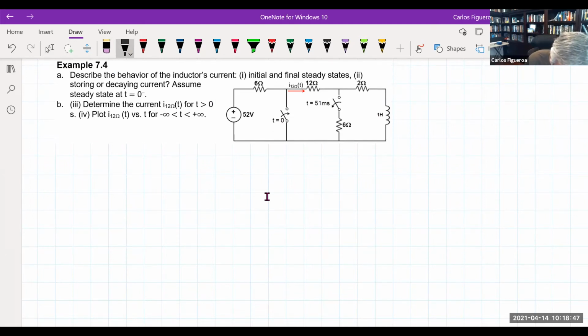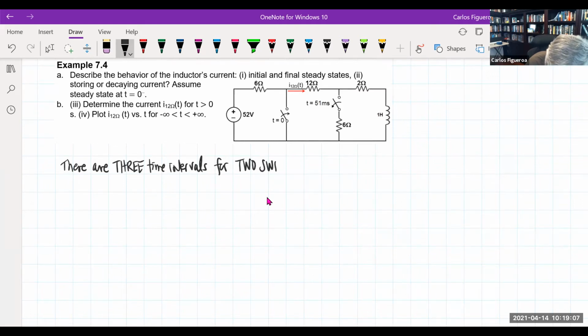When I look at this, I see that there are 3 time intervals for 2 switches. So here we go.